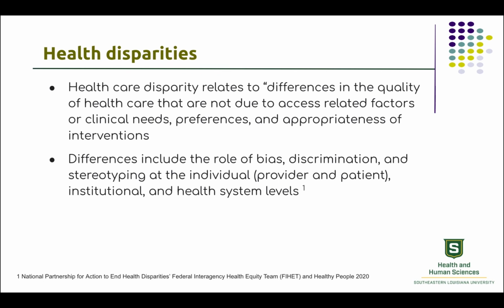It could also be on an institutional or healthcare system level. I would encourage you to read up on structural racism, because it is very, very interesting and very, very important when we start talking about institutional levels of influence on health. So read up on structural racism and how that plays out with health.